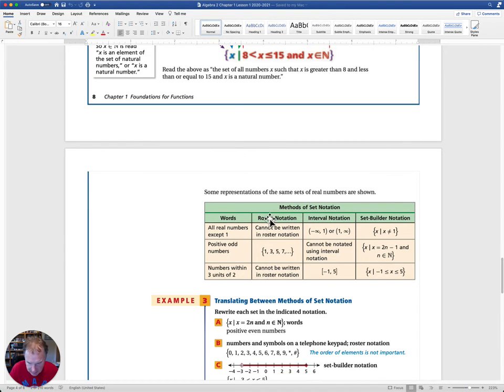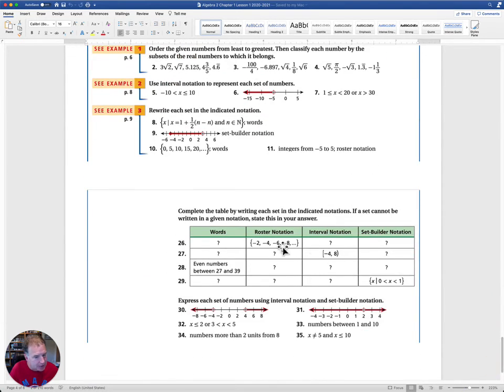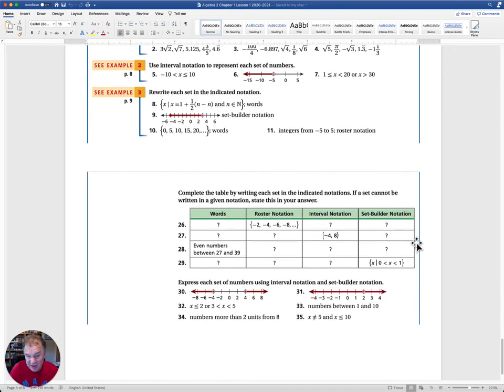Notice that again some of them can't be done, and yes, that means when you get to those questions some of these can't be done. A couple of these are weird, like 26. Set builder notation, the book gets away with saying and x is even. x is negative integer, or how about less than or equal to 2, and x is an integer, and it's even.